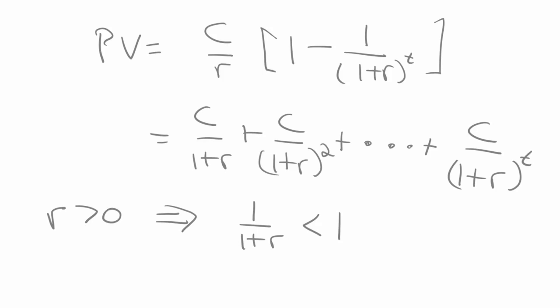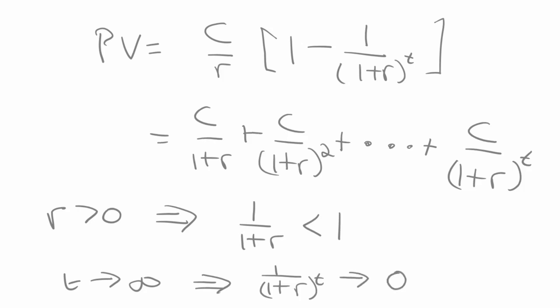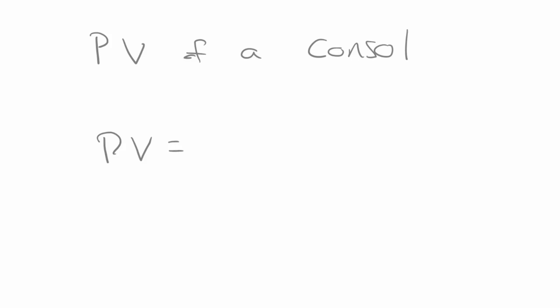So as T goes to infinity, 1 over (1 plus r) to the T approaches 0. And we get, as a result, one of the most beautiful formulas in all of finance. The present value of a consol. A consol is the limit of an annuity as T goes to infinity. Present value is simply C over r.